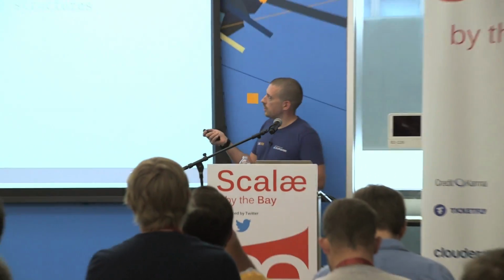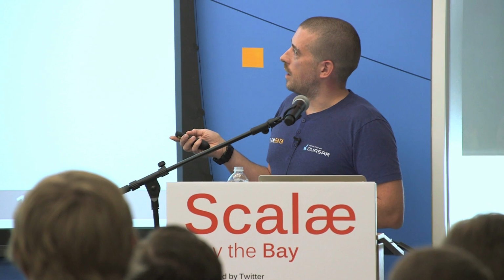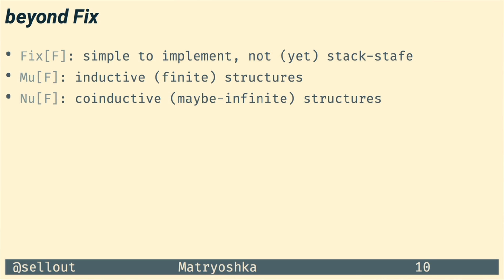So I mentioned Fix. There's 2 other ones. I'll use all 3 of them in the talk as I go through. Fix is defined as I showed here, very simply, very directly. I feel like it's really good for explanation. Mu and Nu are more complicated definitions, but they're meant to model explicitly the inductive and co-inductive data structures that I mentioned before.